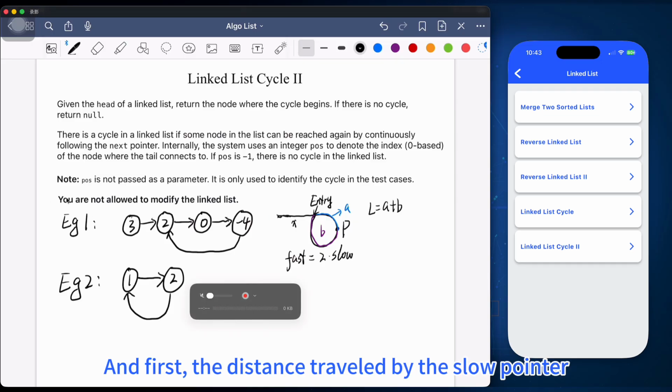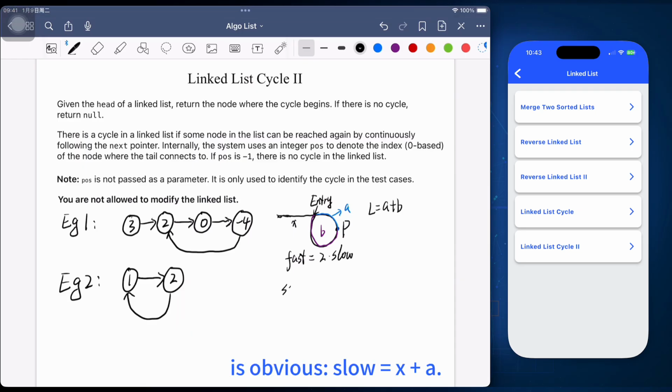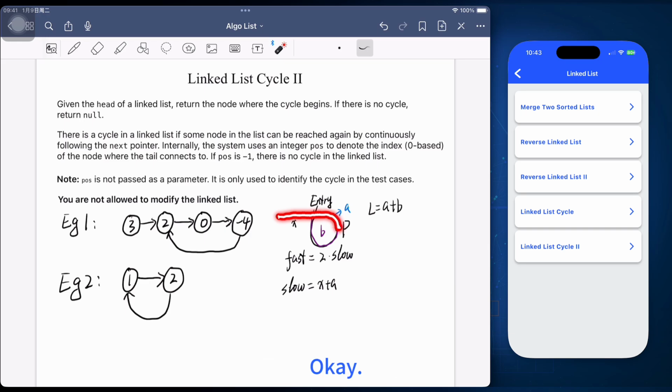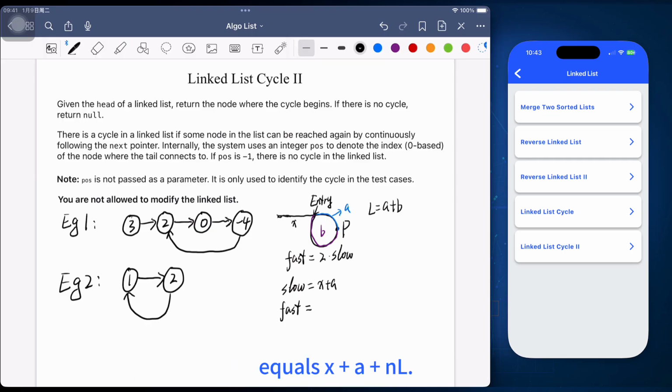And first, the distance traveled by the slow pointer is obvious. Slow equals x plus A. So that's this one. And the distance of the fast equals x plus A plus n times L.